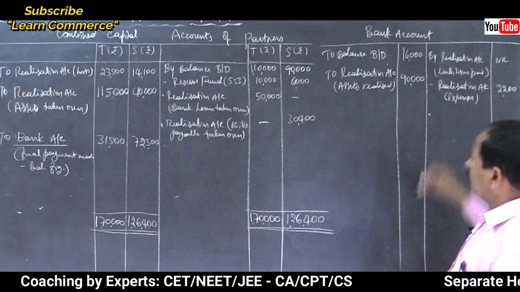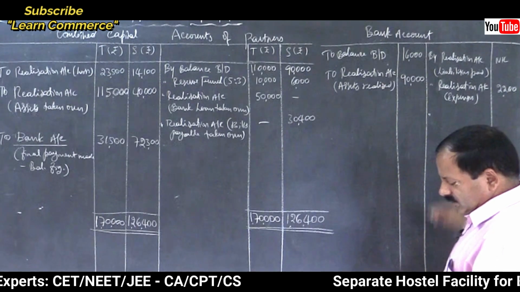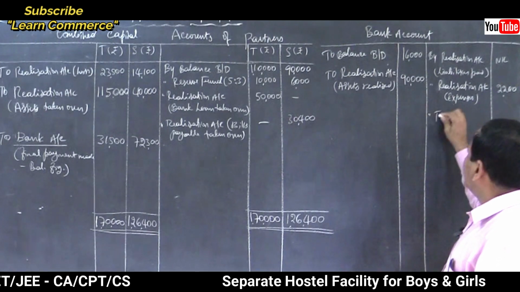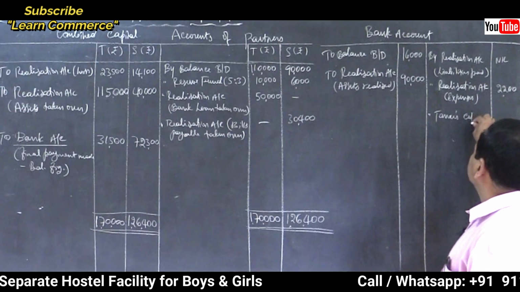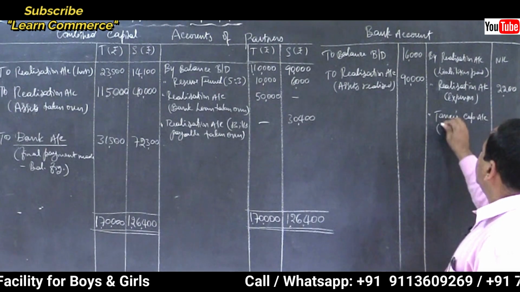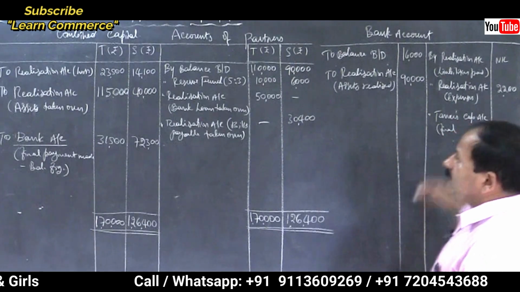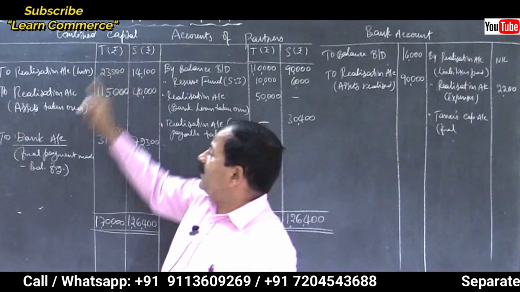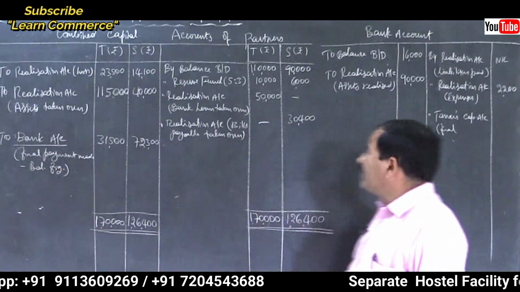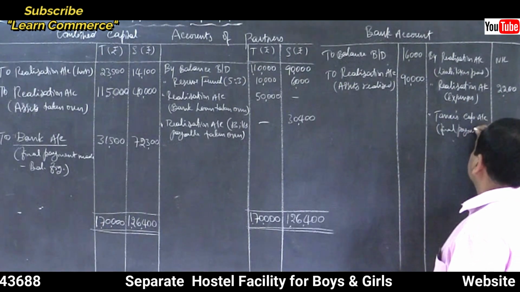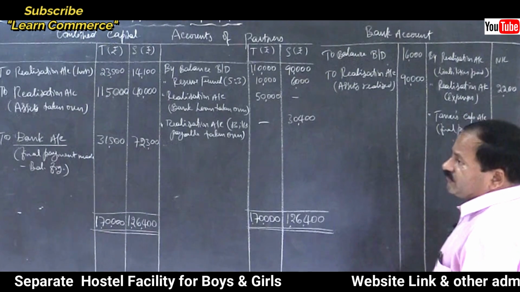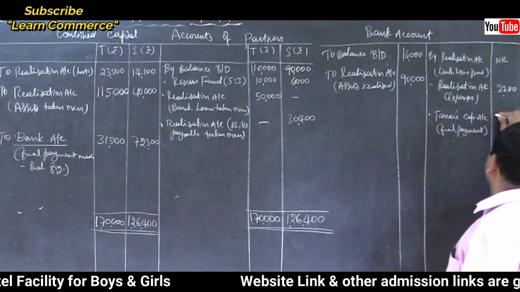By Tanu's capital account, final payment, right? Tanu's capital account, final payment; refer to the capital account related to bank account. So bank account is credited by capital account, final payment. How much? 31,500.